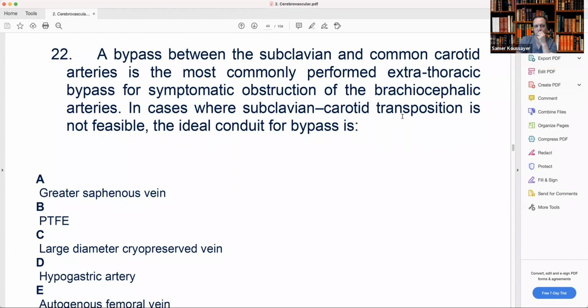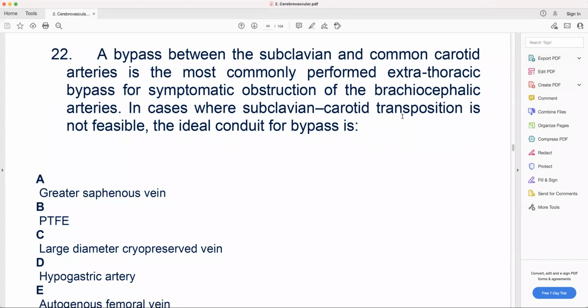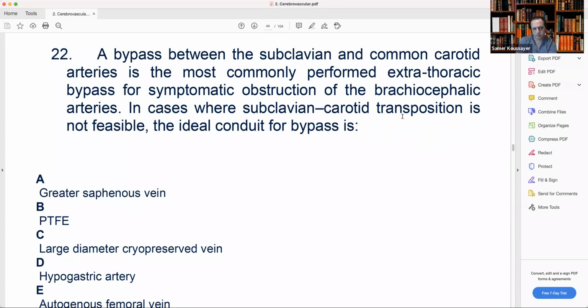What do we usually use when we do surgery? The artificial one, PTFE, with a ring, right? Yes, with ring. The reason is they found the best result is when you use PTFE.